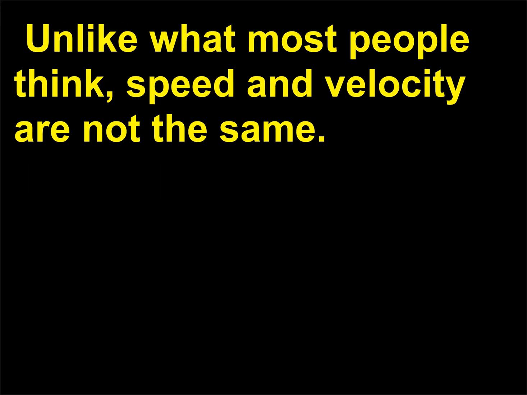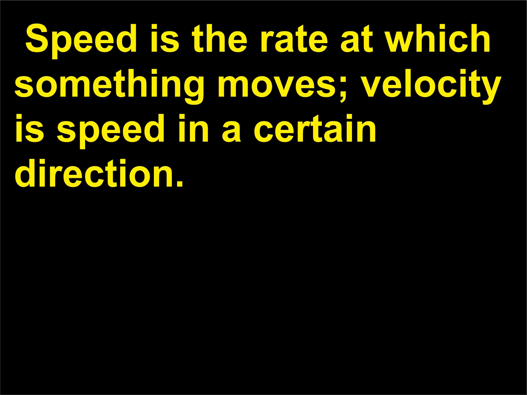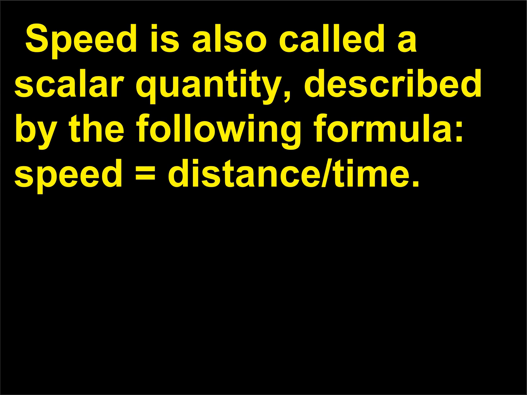Unlike what most people think, speed and velocity are not the same. Speed is the rate at which something moves; velocity is speed in a certain direction. Speed is also called a scalar quantity, described by the following formula: speed equals distance/time.